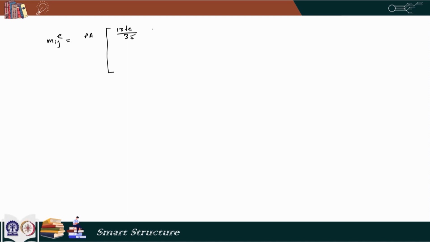And then we have 11 LE square by 210, 9 L by 70, minus 13 LE by 420, and here we have 11 LE square by 210, LE cube by 105, 13 LE square by 420, minus LE cube by 140.